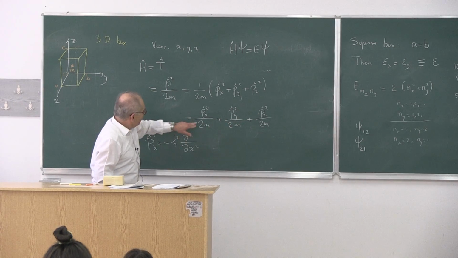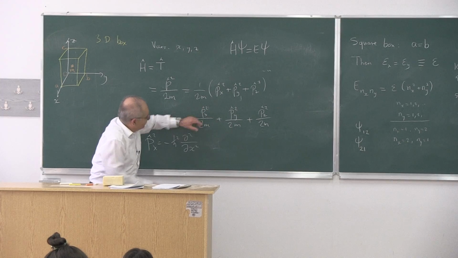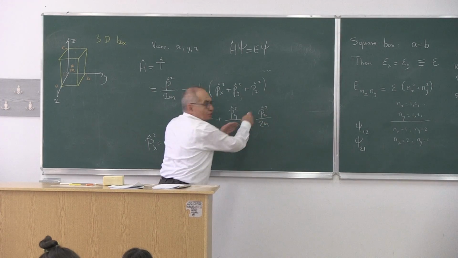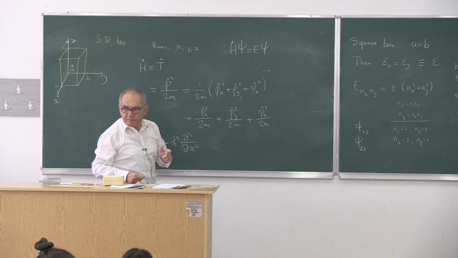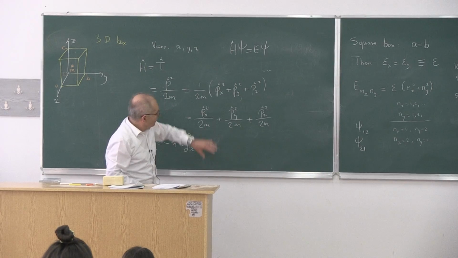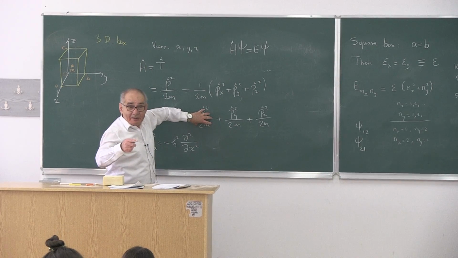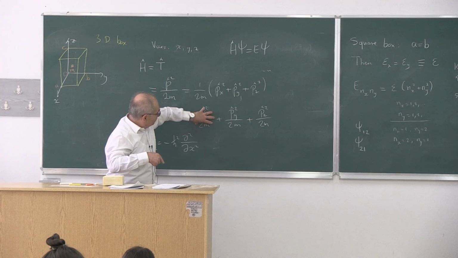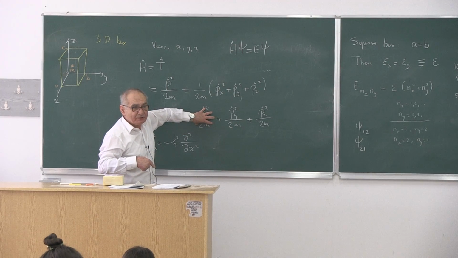Okay. Now, this part, you see this structure. 1, 2, 3 terms added. Next, you examine each individual term. This, in terms of which variables does it contain? This term contains which variable?